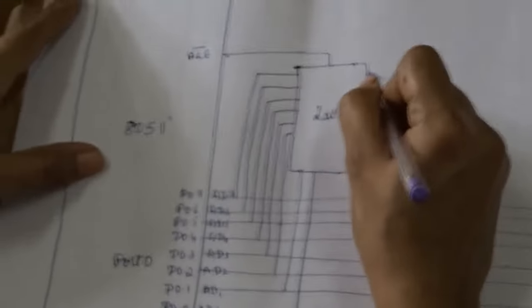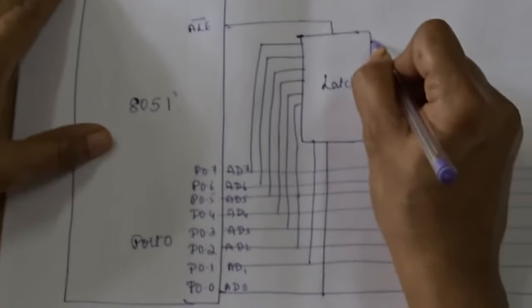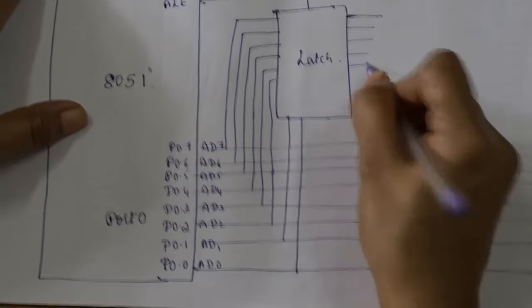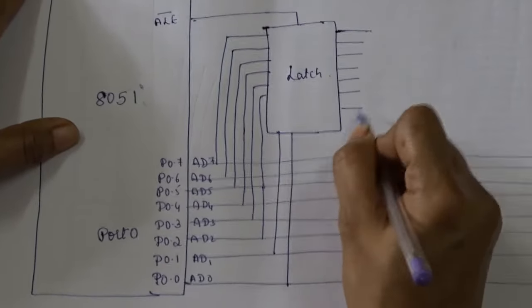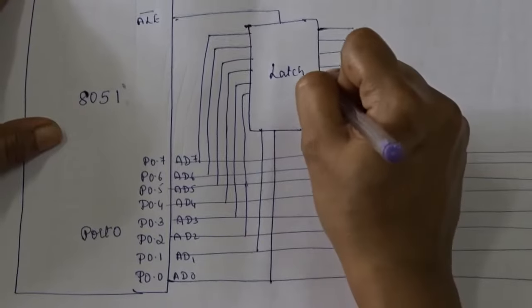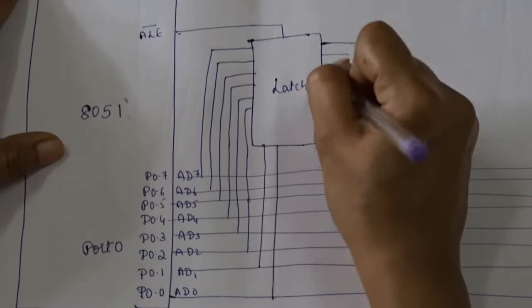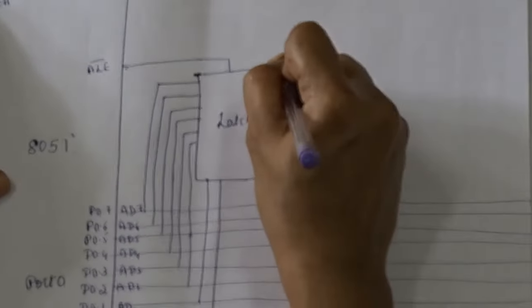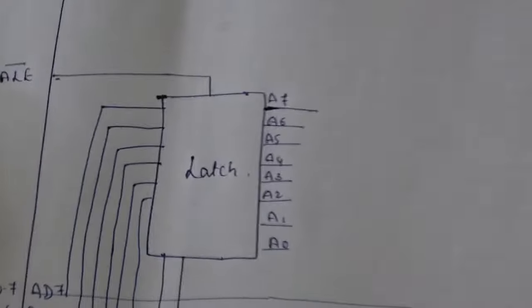Here, when this latch is enabled, all the addresses are passed: A0, A1, A2, A3, A4, A5, A6 and A7. These are the address lines.